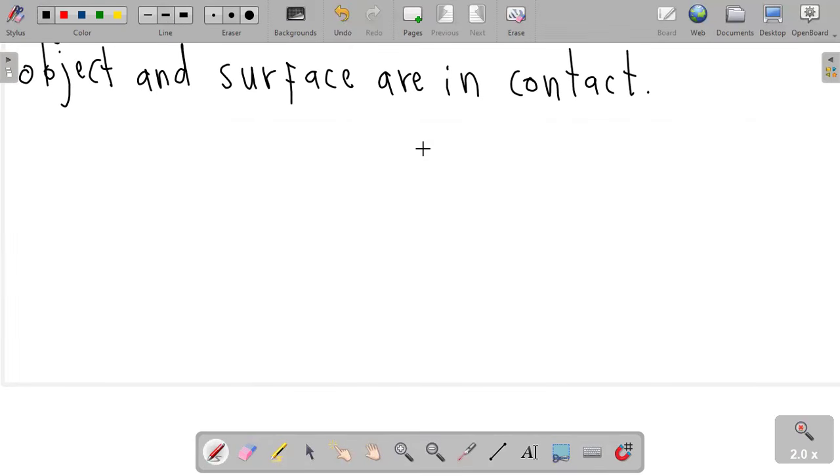Let me draw a diagram here to illustrate what I mean. Suppose you have an object of mass m resting on a surface, let's say on the floor.